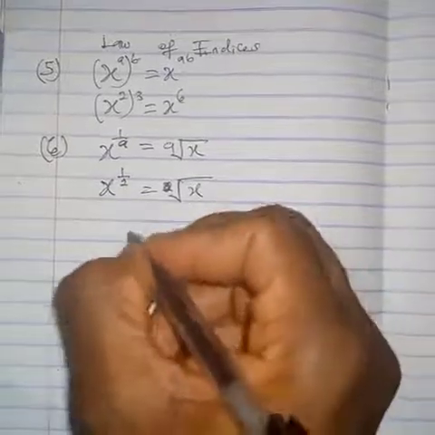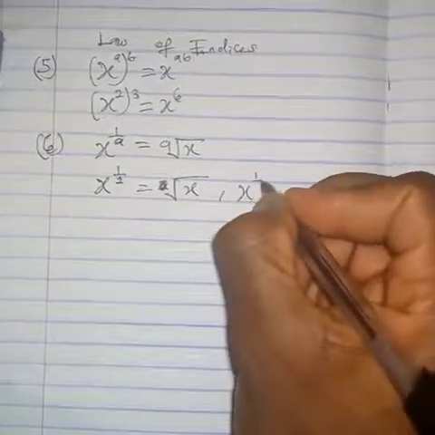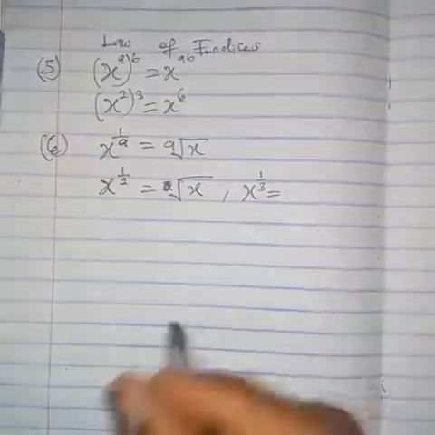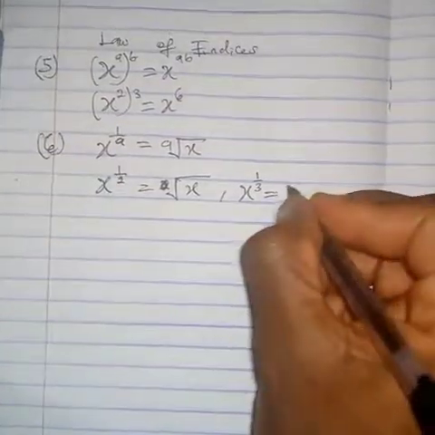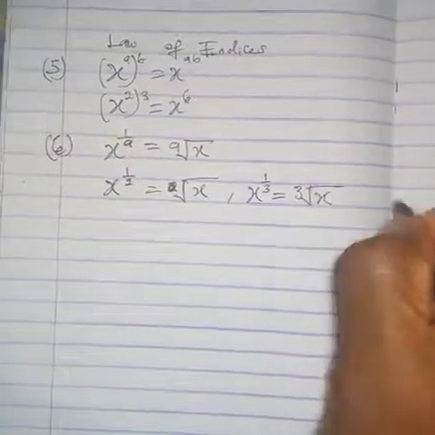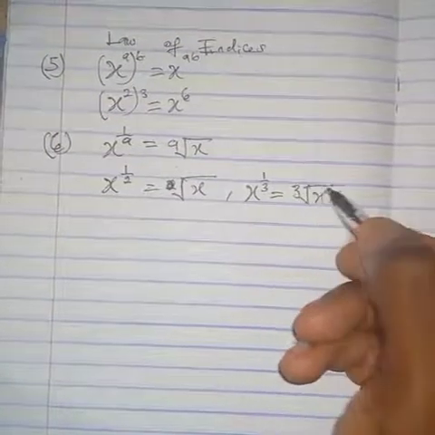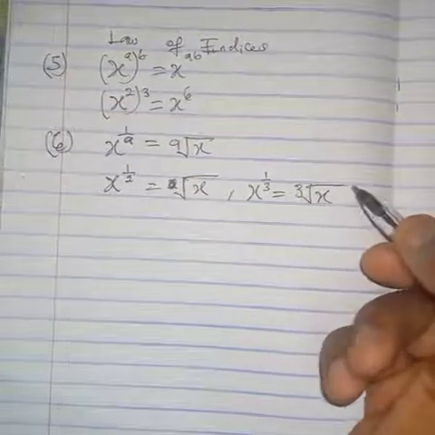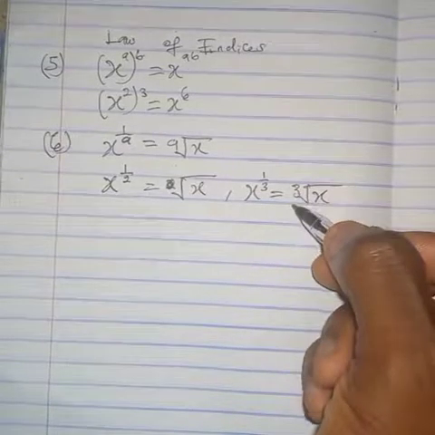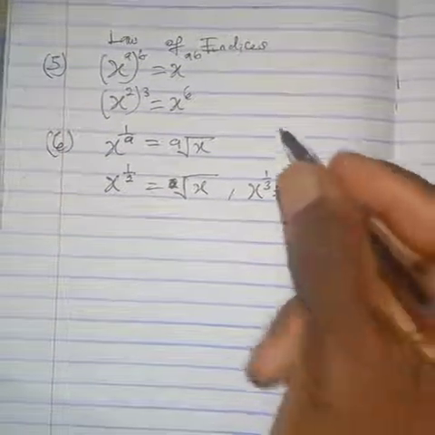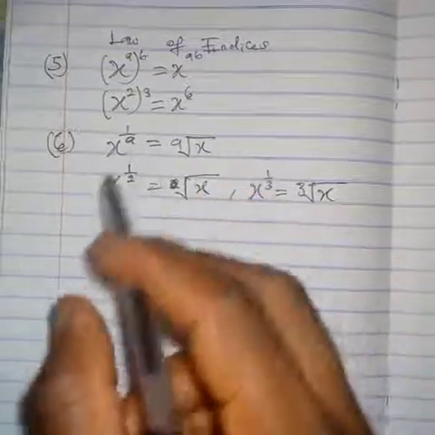You only have in cases like this, 1 all over 3. Definitely if you follow this rule, you have cube root of x. And so in this case you can include the 3. For fourth root you can include the 4. Fifth root you can include the 5, and so on and so forth. These are what is referred to as fractional indices.